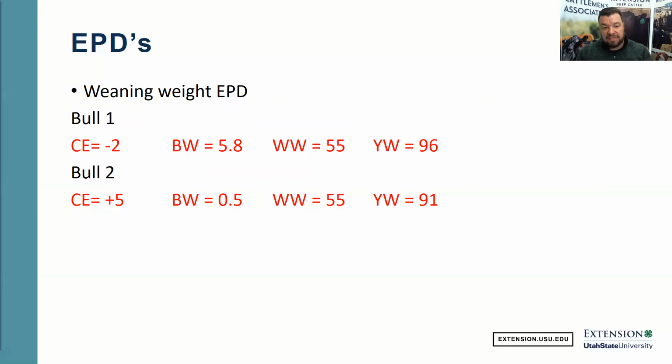Now, a lot of people say, if you select the low birth weight bull, you can only use them on heifers. Well, if you look at this, we can actually select for a low birth weight bull, and if you compare these two bulls at weaning, where those calves are supposed to be, they're both expected to be about 55 pounds heavier than the breed average. So in this instance, we were able to not only select for calving ease, we're also able to select for certain growth potential at weaning when we're marketing.